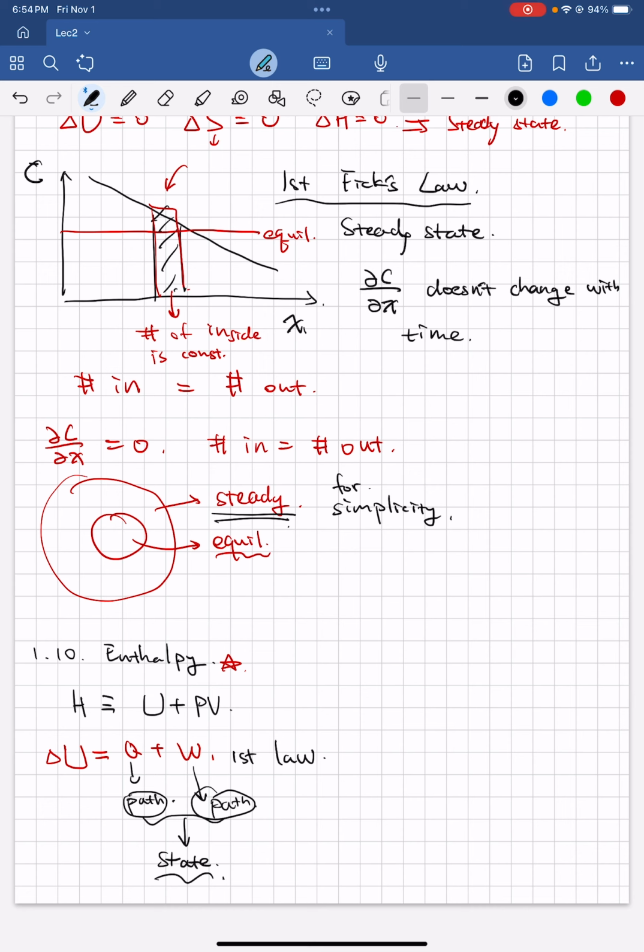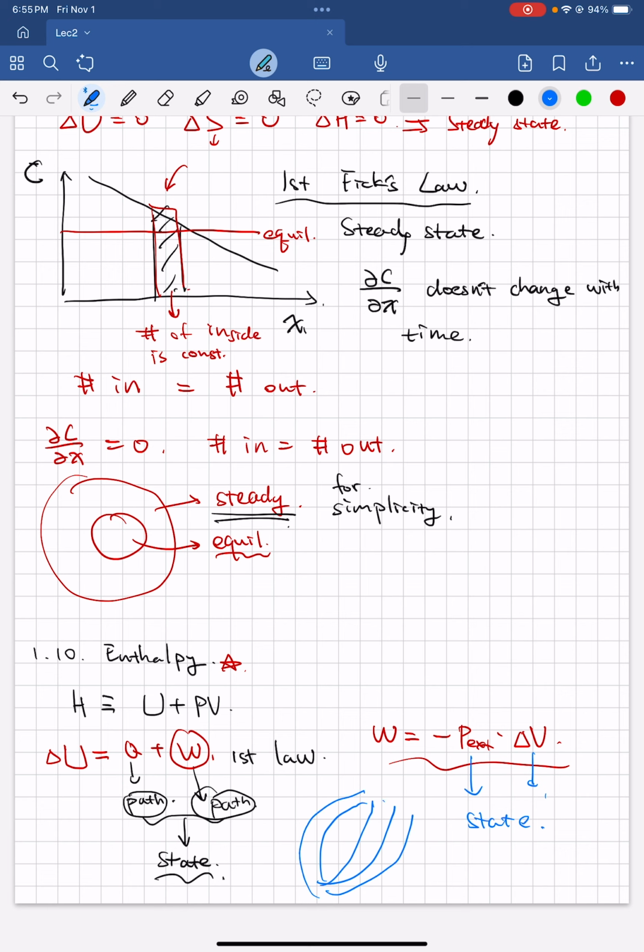And we already know how to do work, because work equals minus P external times delta V. And these are all state functions. When we know the route, we know the expression for the PV graph, right?